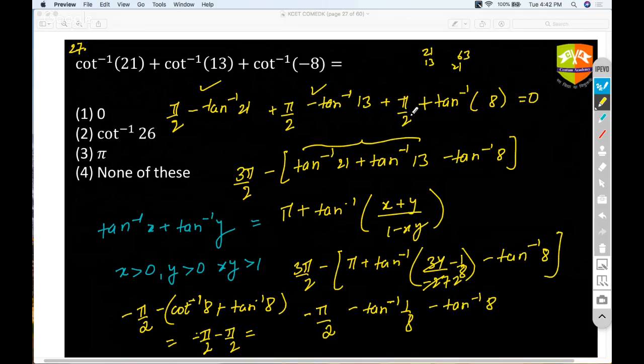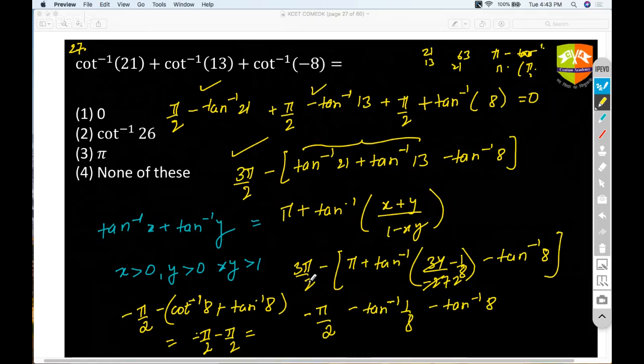So that becomes pi by 2 plus tan inverse 8. Let me just clarify this. Pi minus tan inverse, cot inverse of this, and pi by 2 and pi by 2 minus. Yeah, so that's absolutely correct. So pi by 2 will combine to give you 3 pi by 2, and I just took care of this and I used the formula tan inverse x plus tan inverse y is pi plus tan inverse of (x plus y) by 1 minus xy. So this will give me minus 1 by 8.